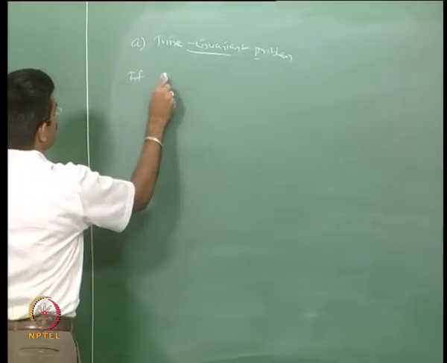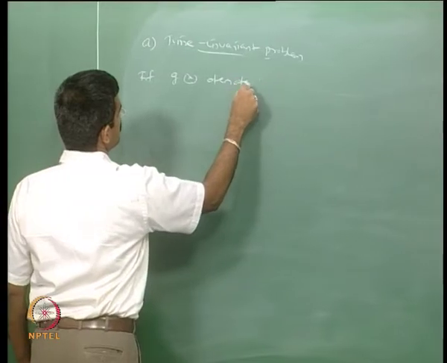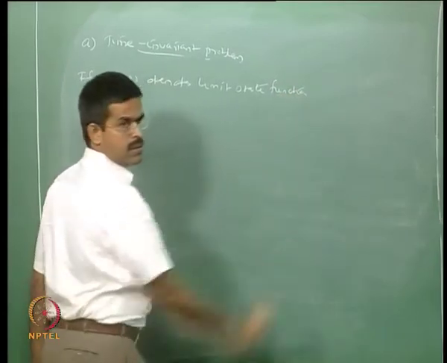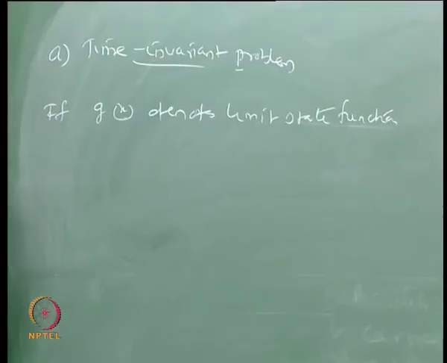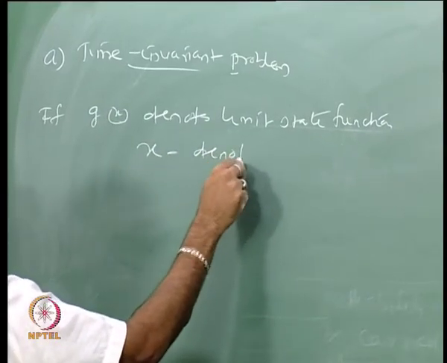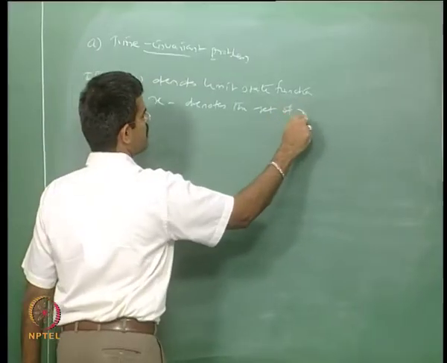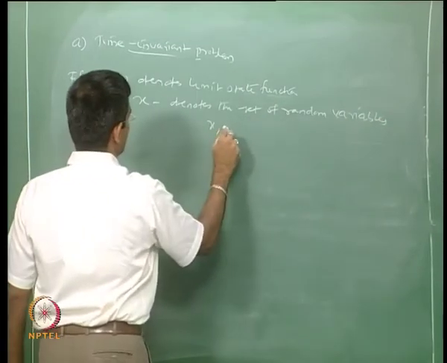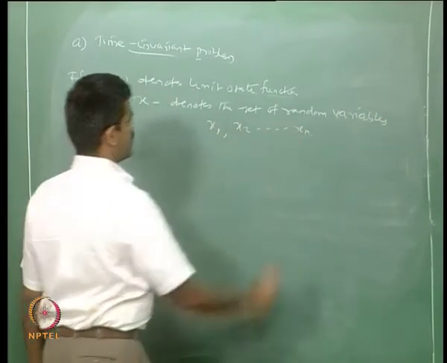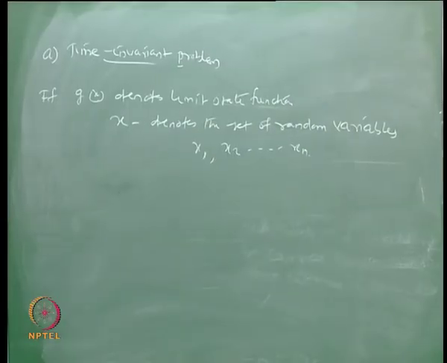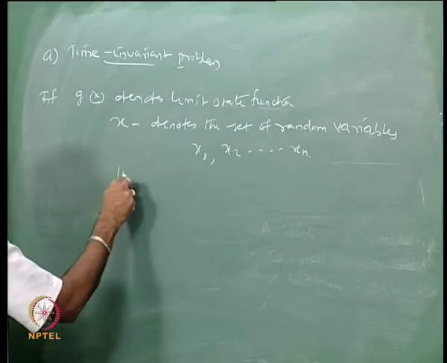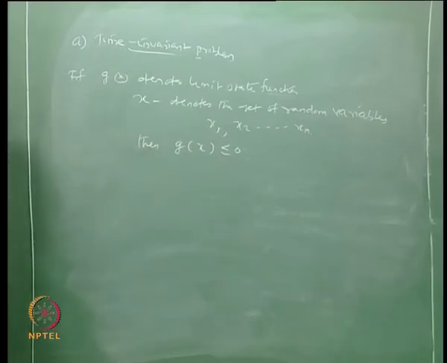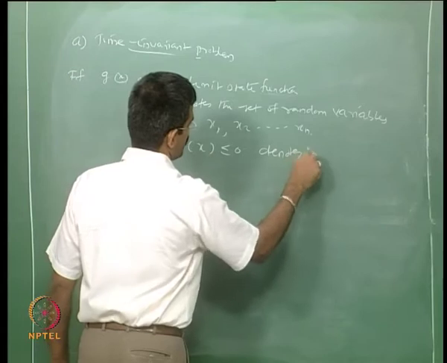If g of x denotes the limit state function and x denotes the set of random variables x1, x2, ..., xn, then g of x less than or equal to 0 denotes the failure event.